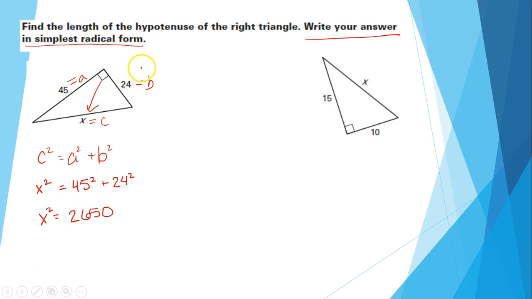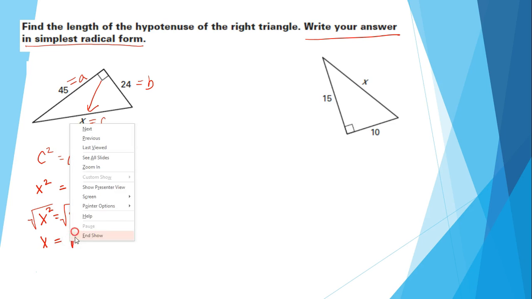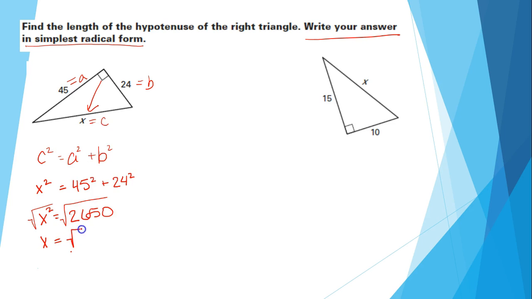What that means is I'm going to take the square root of both sides of my equation here to get x equals the square root of 2,650. The number on the inside of the radical can break down into two factors, and one of the factors you can take the square root of.